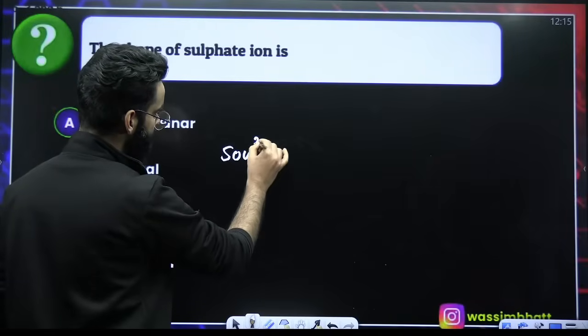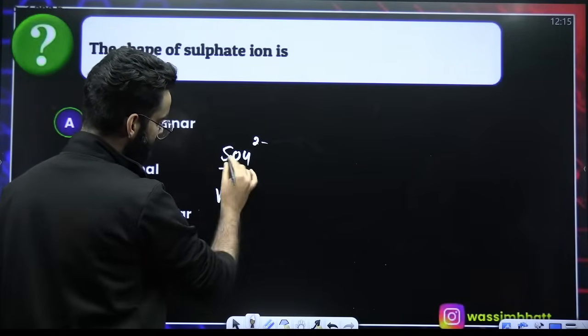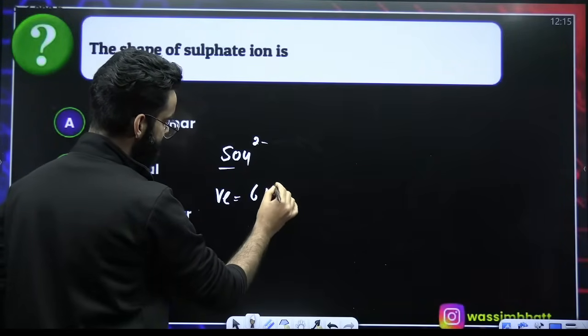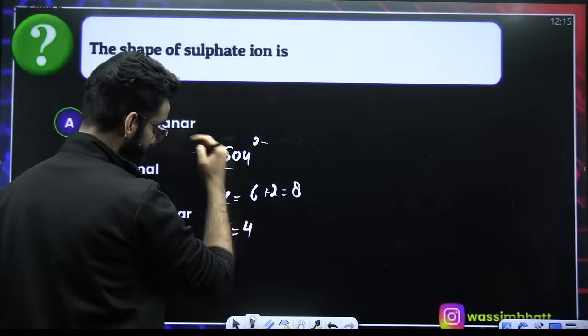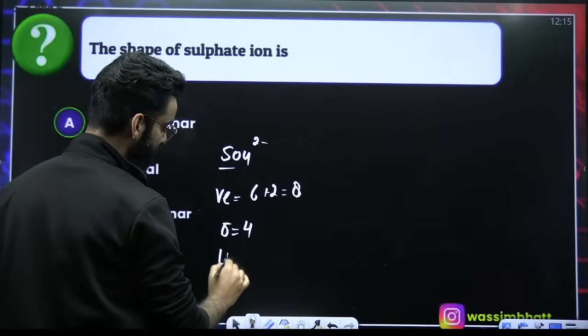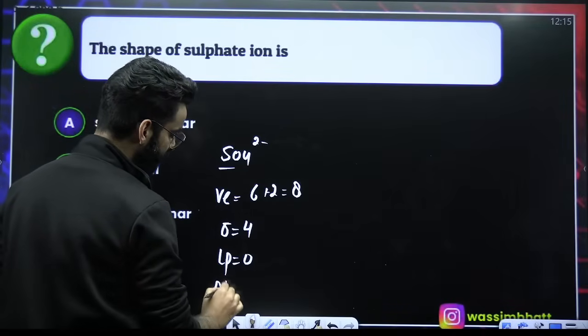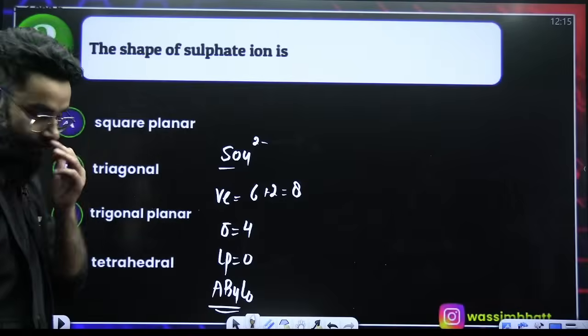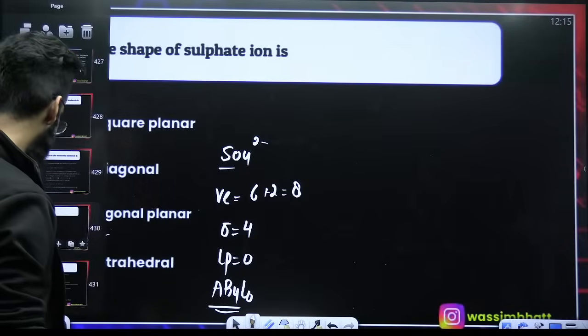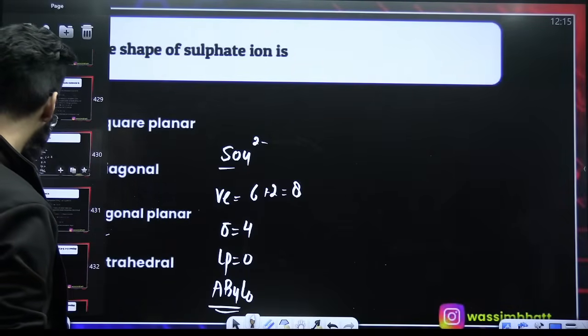Valence electrons of sulfur are 6 plus 2 makes it 8. Right? Sigma bonds are 4. Lone pairs are 0. Type AB4L0, tetrahedral. Correct? AB4L0 tetrahedral, sp3.